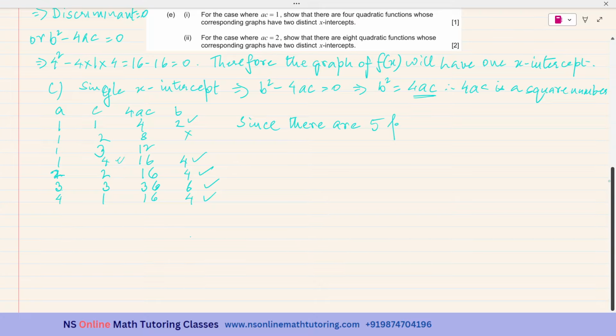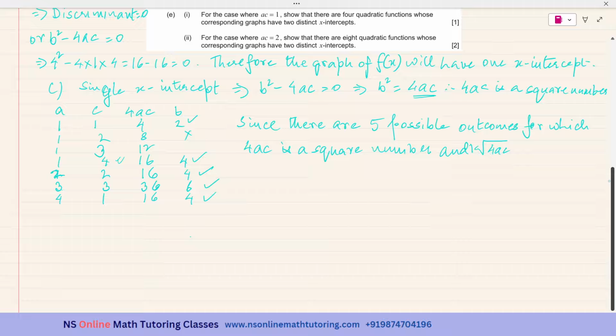5 possible outcomes for which 4ac is a square number and square root of 4ac is greater than or equal to 1 and less than or equal to 6, and square root of 4ac is an integer.